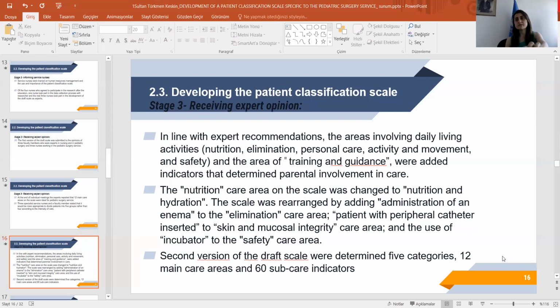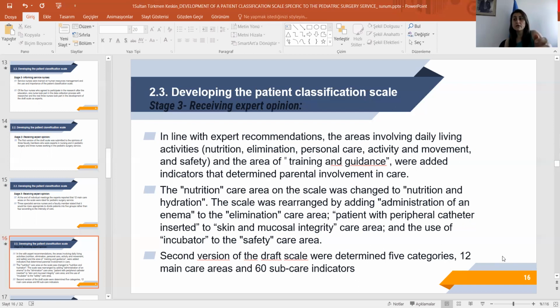In line with expert recommendations, the areas involving daily living activities and the area of training and guidance were added indicators to determine parental involvement in care. Also, the nutrition care area on the scale was changed to nutrition and hydration.